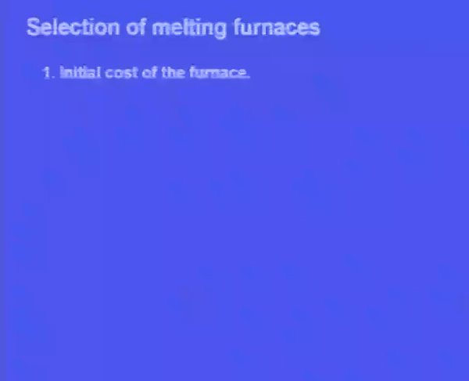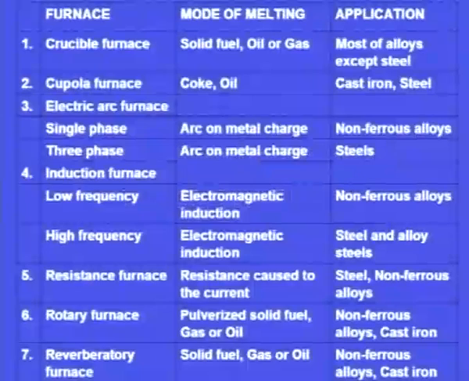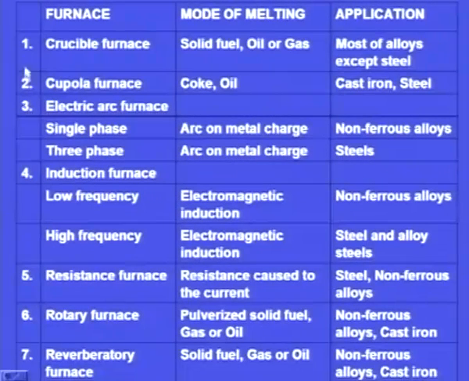So next let us see the overall comparison of the melting furnaces that we have studied. So these are the different furnaces that we have studied. We have studied crucible furnace, cupola furnace, electric arc furnace, induction furnace, resistance furnace, rotary furnace and reverberatory furnace.